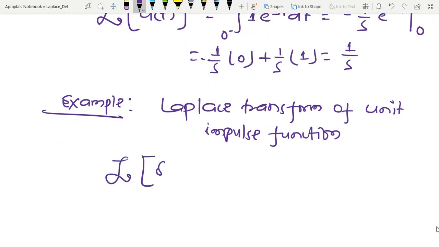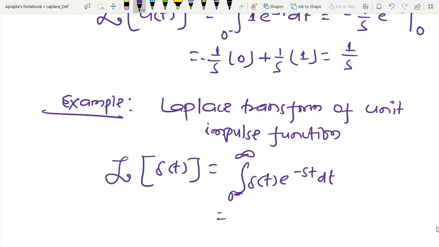So that is the integral from 0 minus to infinity of delta t into e power minus st dt, and we know that the delta function is only defined at 0, so you can just substitute 0 here, so that is equal to 1.